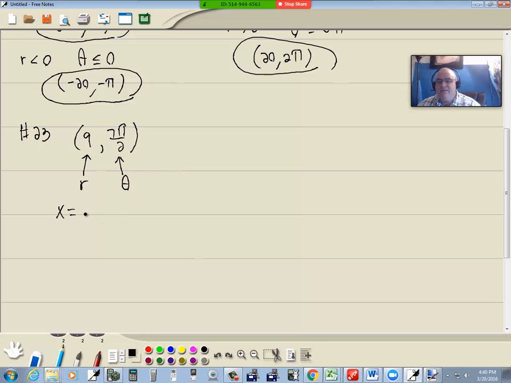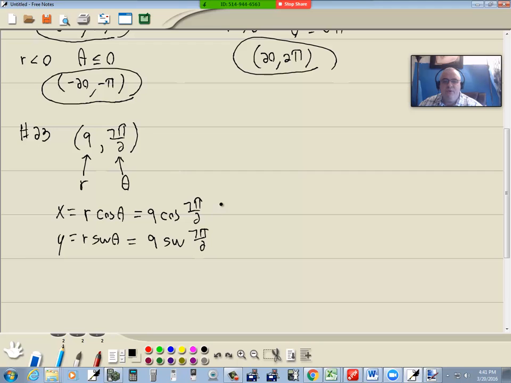And x is going to equal r cosine theta, and y is going to equal r sine theta. So r is 9, and then we got cosine of 7 pi over 2, and here we got 9 sine of 7 pi over 2.